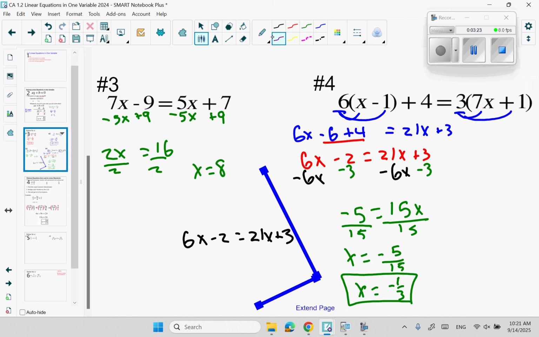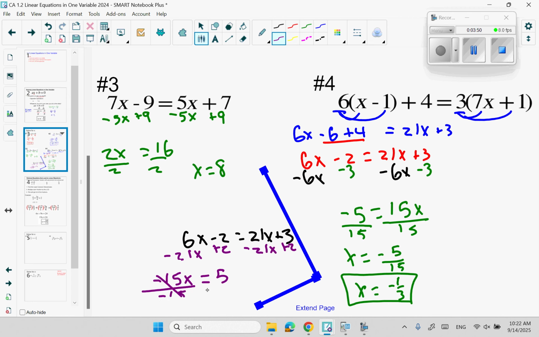Now, technically speaking, it doesn't matter which way you move the variables and number values. So I could have subtracted 21x right away, which means I want to get rid of this 2 because now my variables are stacking up on the left-hand side. So I could add 2. 6 minus 21 would be negative 15x. 2 is gone, 21x is gone. 3 plus 2 is 5.